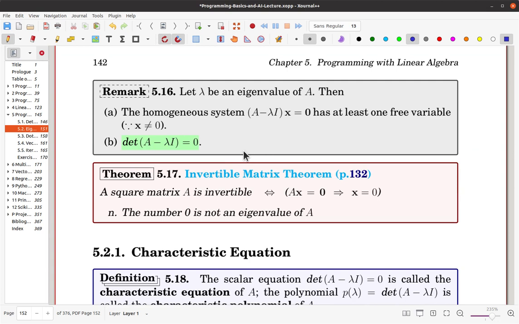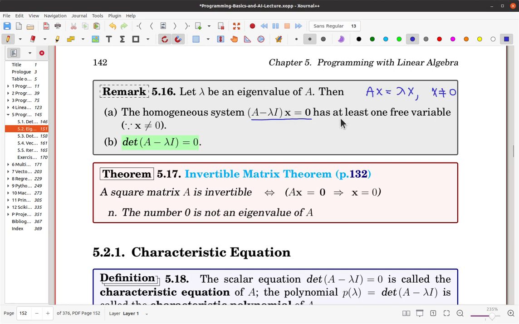Now, lambda is an eigenvalue of A. That means Ax equals lambda x for x non-zero, right? Then we have the homogeneous system (A minus lambda I) x equals 0. So this system should have a non-trivial solution.